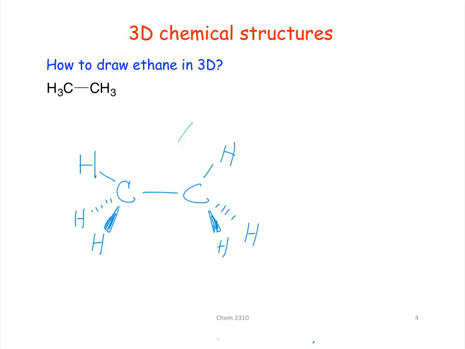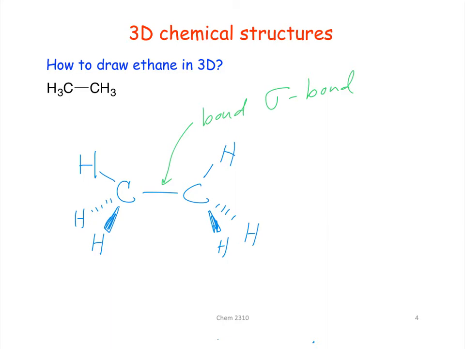What kind of bond is this? It's a sigma bond, right? And what's the characteristic of sigma bonds? They're cylindrical, so there's no directionality to them at all.